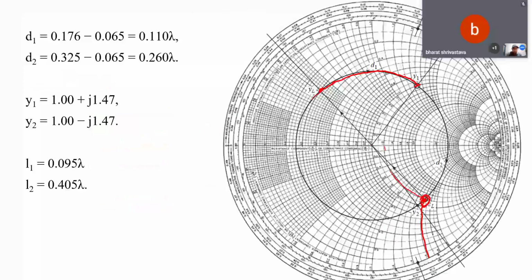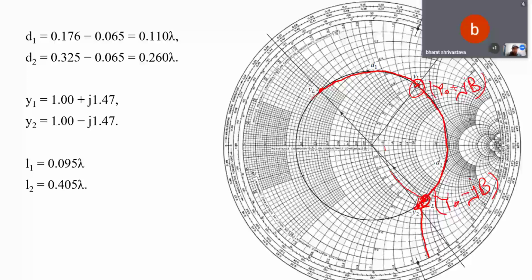Here the admittance becomes equal to y naught plus jb. Similarly, if we move further to a distance d2 and reach this point, then we will get the same y naught with minus jb.